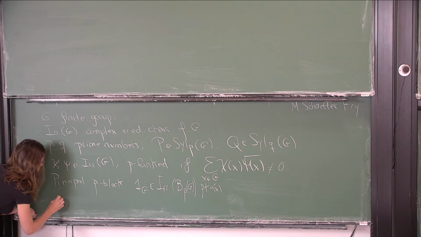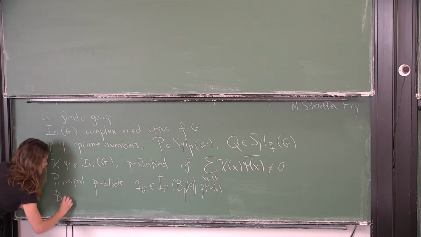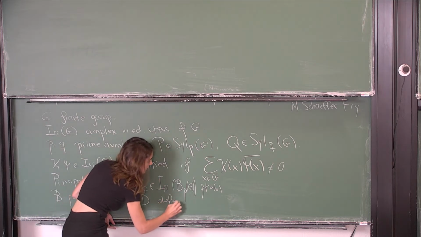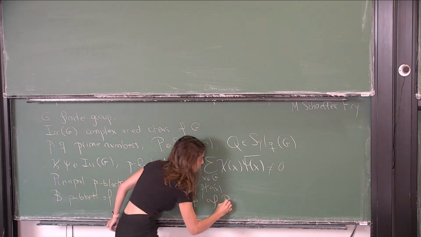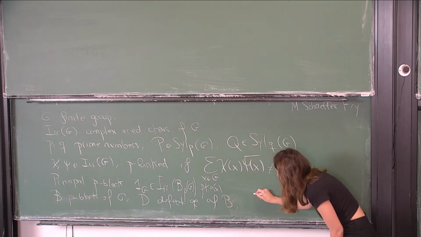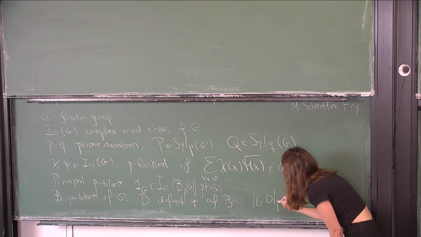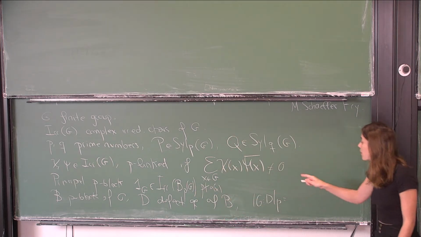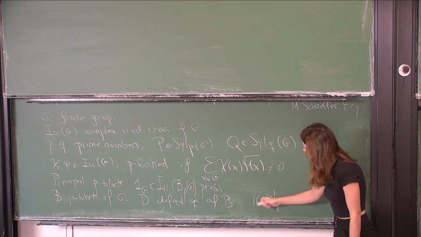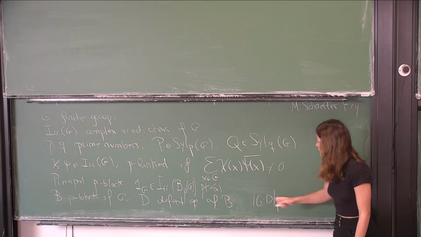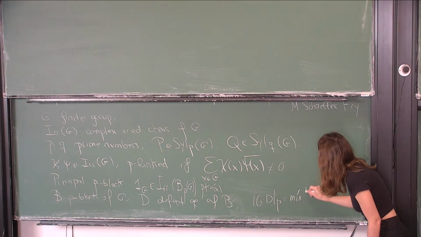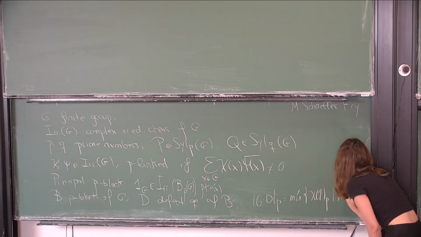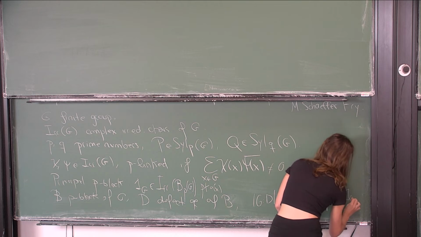If B is a p-block of G, and D is a defect group of B, then we know, as Mandy said, that the degrees of the irreducible characters in the block are related with this number, the p-part of the index of the defect group in G, and this is exactly the minimum of the p-part of the degrees of the characters in the block.